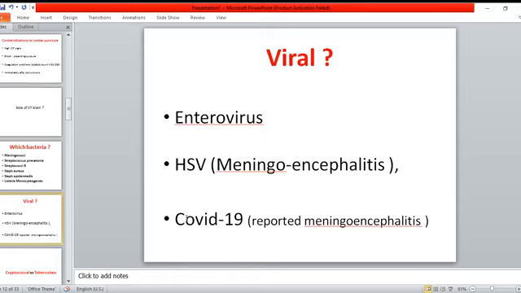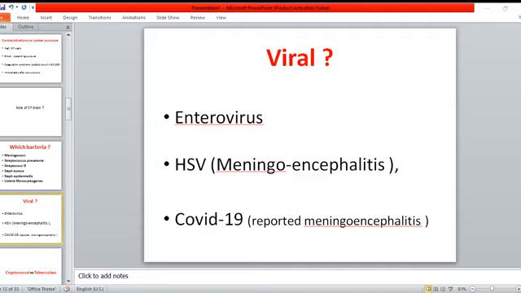You have to know also, in the era of COVID-19, that some cases of meningoencephalitis have been reported. So if you are given a scenario suggestive of COVID-19, with maybe loss of smell sensation (anosmia), loss of taste, some fever and cough, and the patient presents with meningoencephalitis, you have to think of COVID-19 in this era.